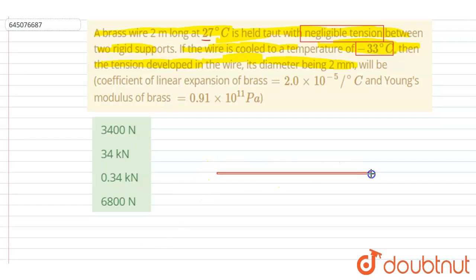If I say this is the wire and it is fixed at both ends by rigid supports, then when you decrease the temperature, it will try to contract, but it will not get enough space to contract, right? It will remain elongated. Because of that, the tension will be developed here, right?